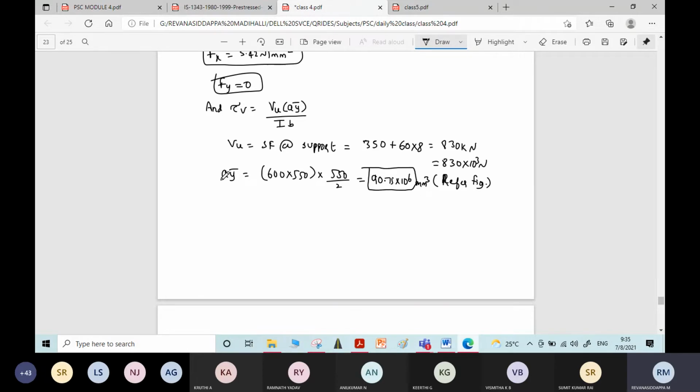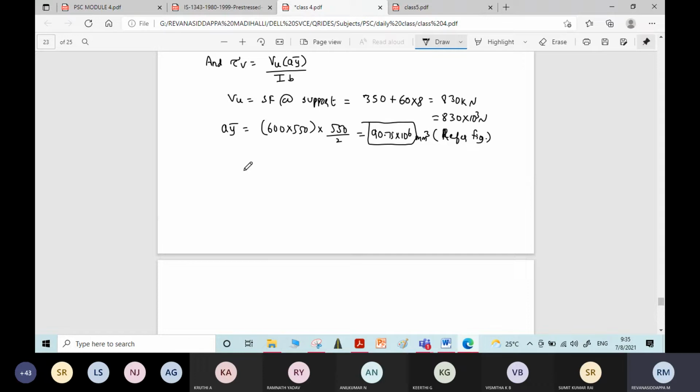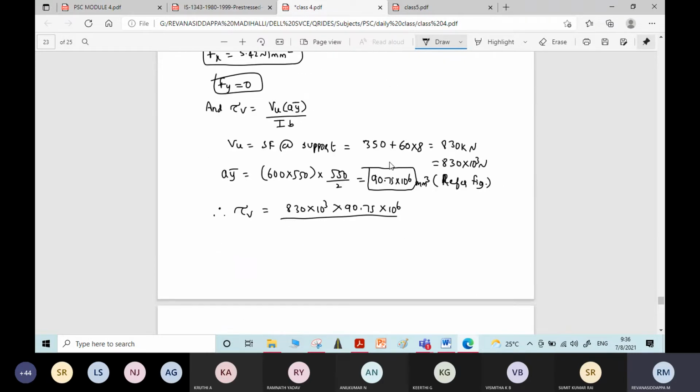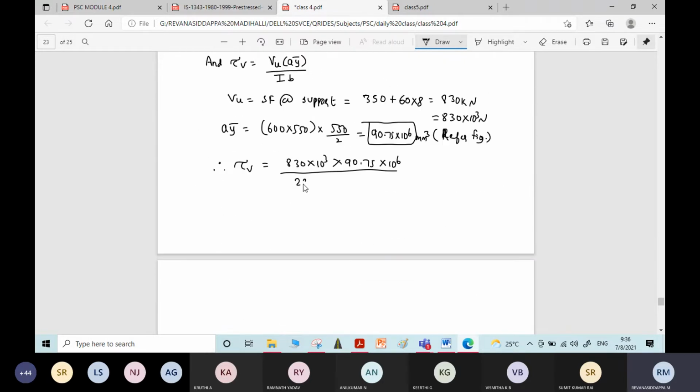Okay. Then moment of inertia is known, width of beam is known, just substitute, you will get tau v. Therefore tau v is equal to Vu, 830 into 10 power 3, into A y bar 90.75 into 10 power 6, all divided by moment of inertia 224.6 into 10 power 9 into 600, the width of beam.